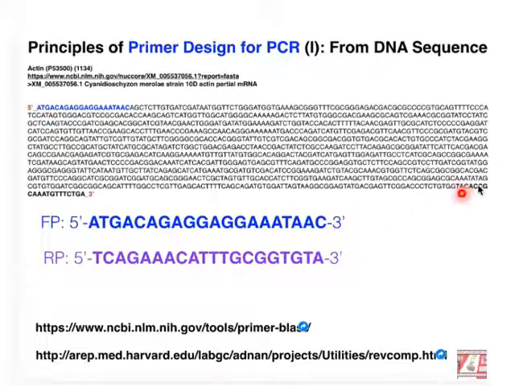The second nucleotide in here is A, so the opposite of it is T. So that means we got it correct. Now we can send these two primers. We order these primers from companies that can make them, and then we can use them later for cloning and whatever purpose we want.